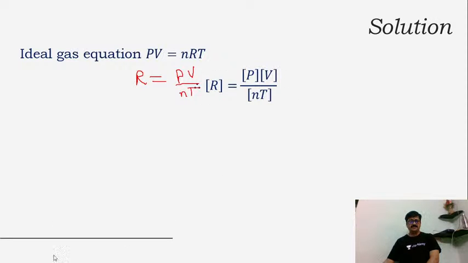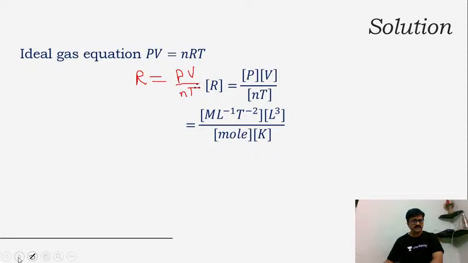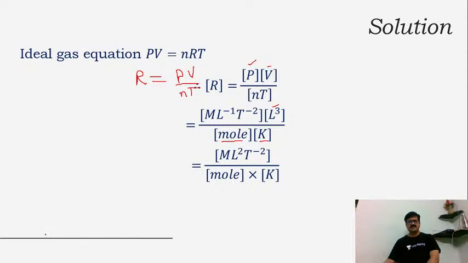Over here I can comfortably mention this in my next step as I have written. As you can see here, I will write the dimension of P and the dimension of V. Pressure is m l raised to minus 1 T raised to minus 2, volume has L cube dimensions, n is number of moles so I'll write mole here, and T is Kelvin, capital K. So I'll get m l square T raised to minus 2 per mole Kelvin.